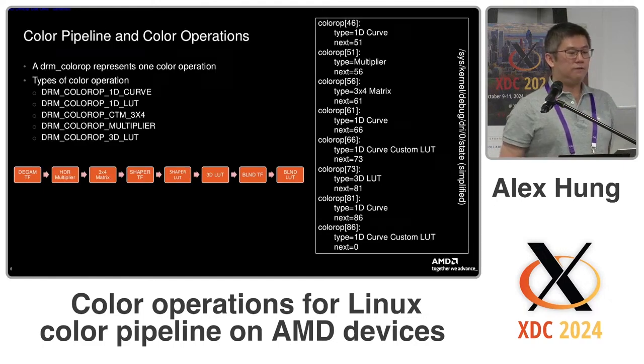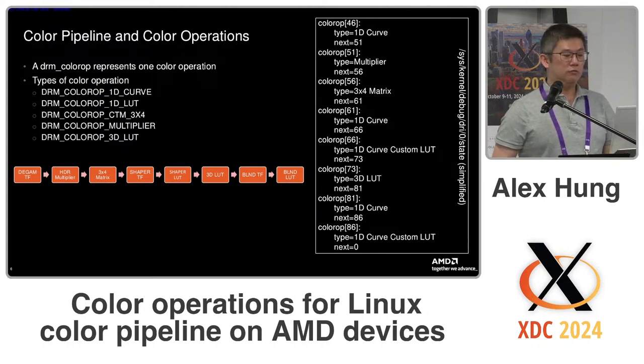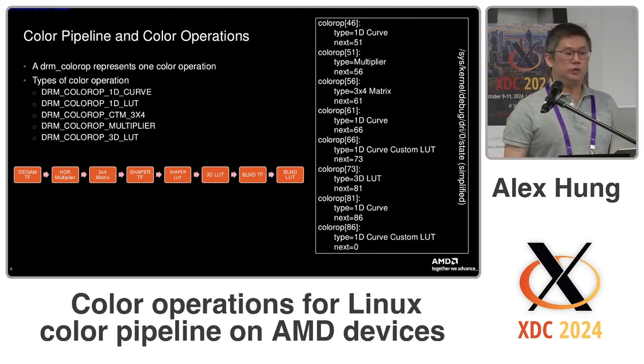So we defined 6 color operations for the AMD devices. The 1D curve and the 1D LUT are for the degamma, shaper, and the blend transfer functions. And we also have the CTM 3x4 matrix, the multiplier, and the 3D LUT for HDR.